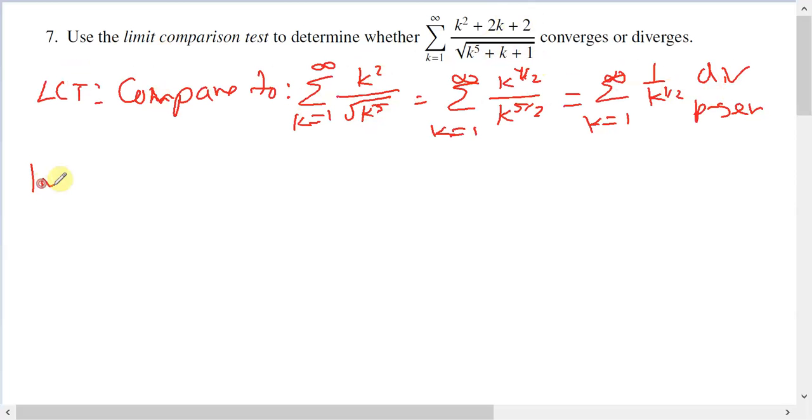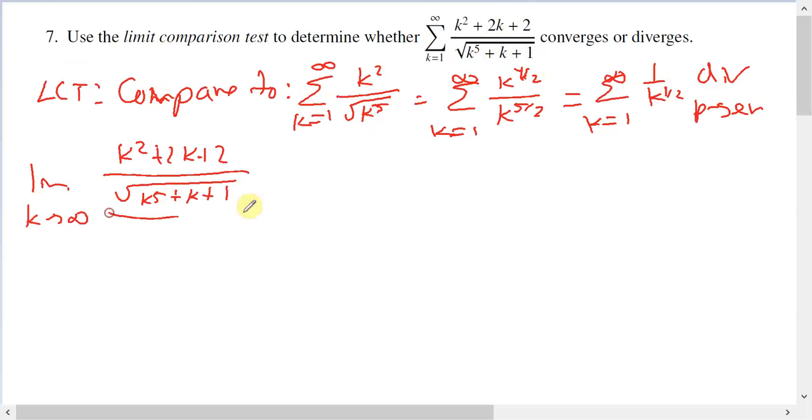And then for the limit comparison test, I compute the limit as k goes to infinity of my original general term divided by, it's best to use this non-reduced form, my general term of the series that I know something about. I know that this series will diverge.